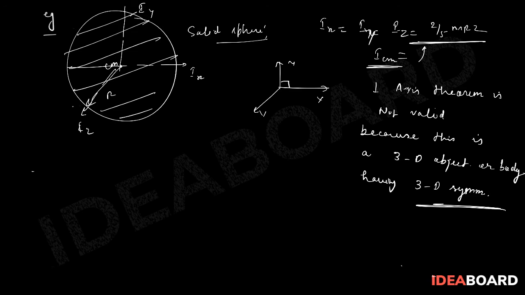Okay, that's why it is not applicable. So remember, I already told you, it is not valid for any 3D bodies. In parallel axis theorem there is no problem, you can apply it, but in perpendicular axis theorem you can't apply. Okay, so you need to remember this thing.